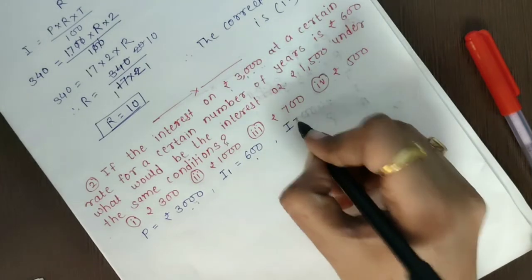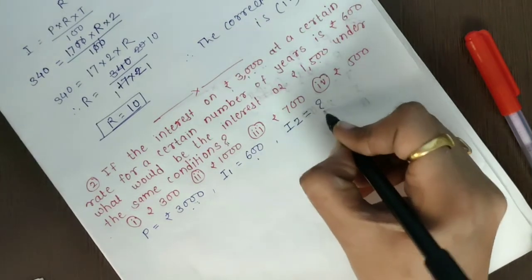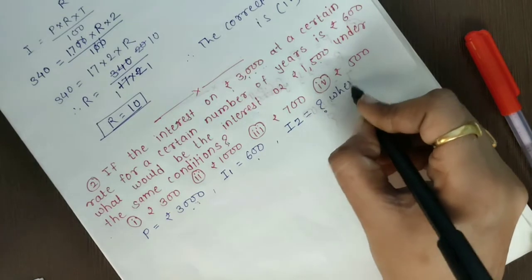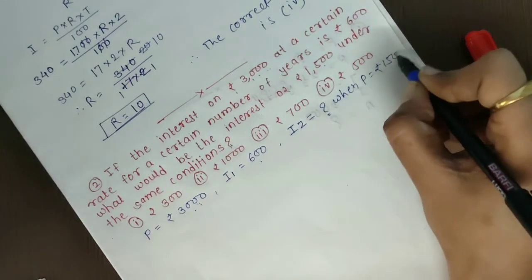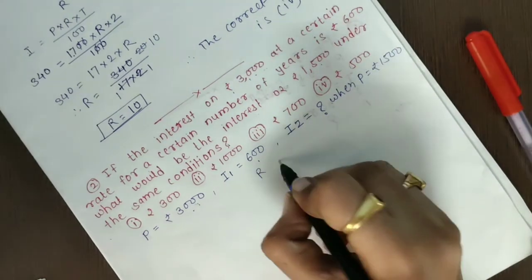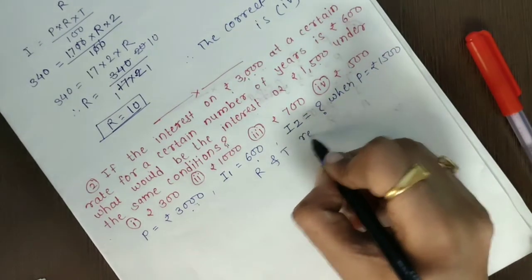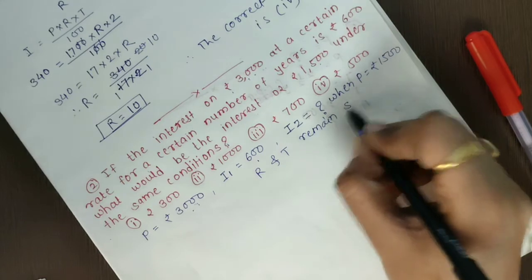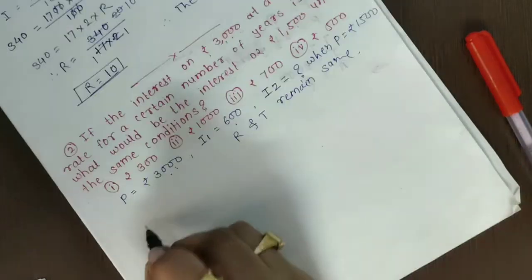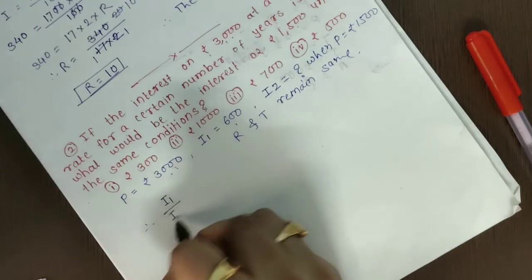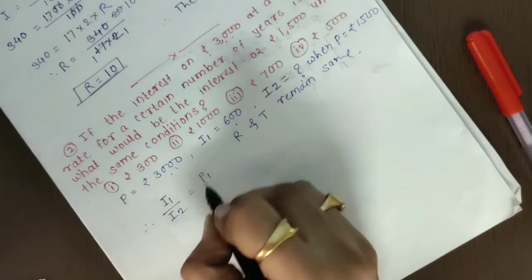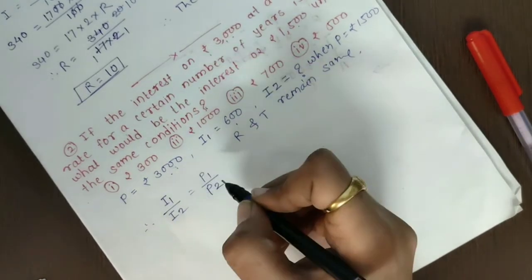So I2 equal to what when P equal to rupees 1500 and R and T remain the same. Okay, so here write down I1 upon I2 equal to P1 upon P2.